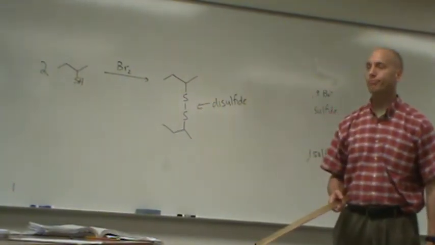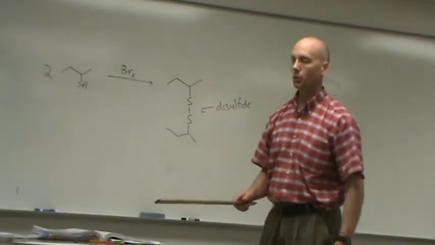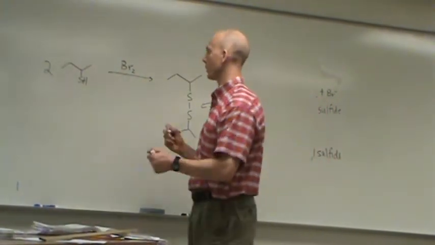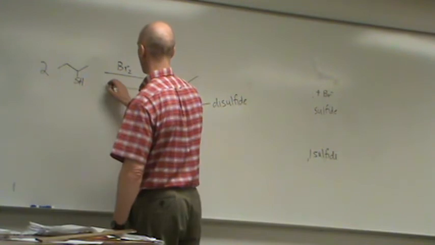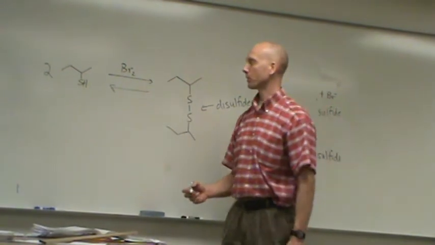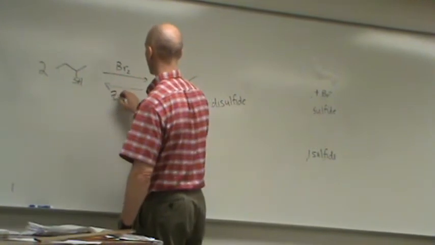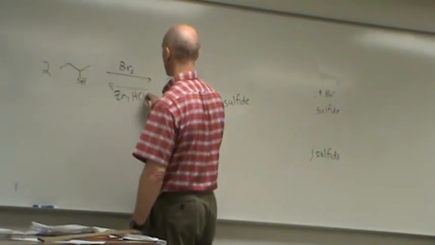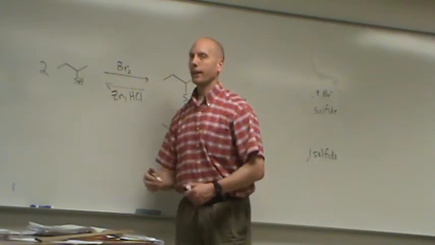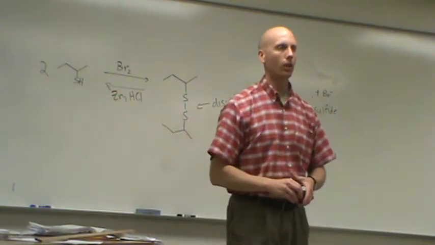Then what you can do to get rid of the perm, they often do when you go in there, you can do a reverse reaction that gets rid of the perm. Zinc, HCl, that will get rid of the disulfide bond and convert back to the regular thiol.